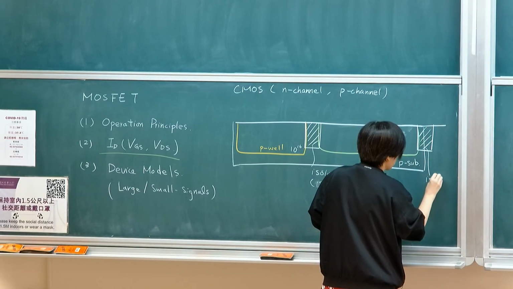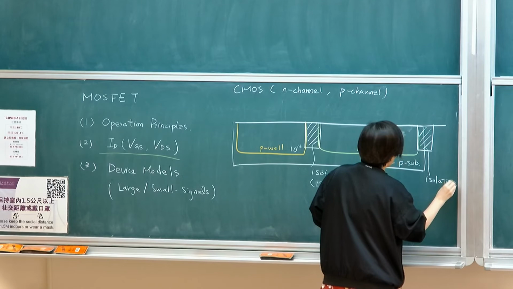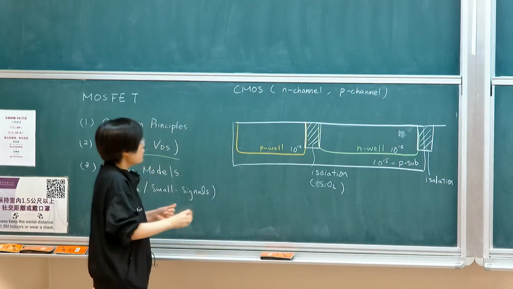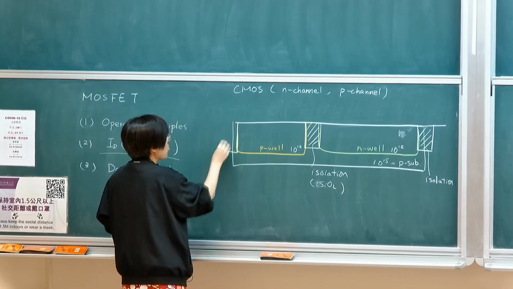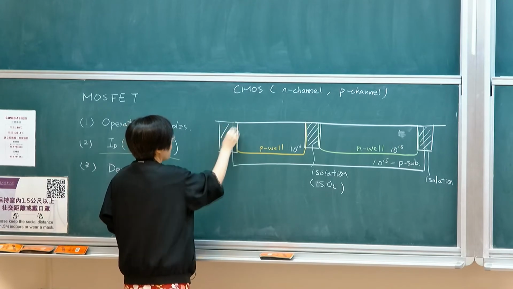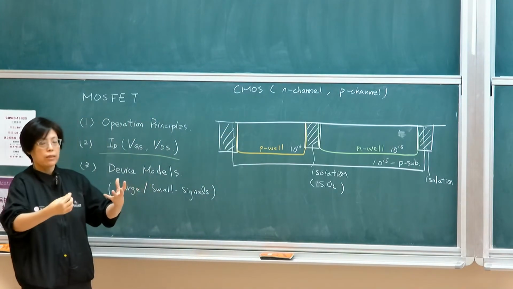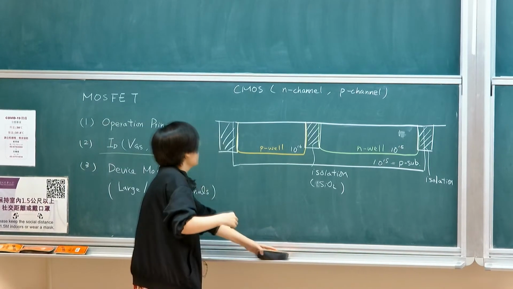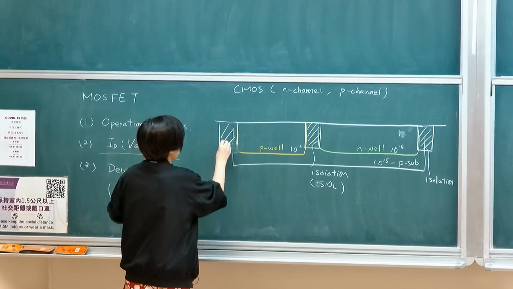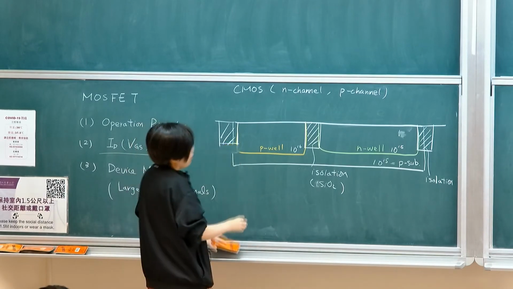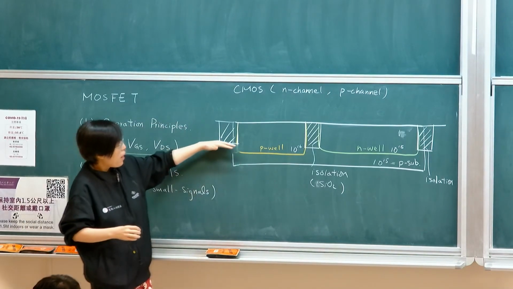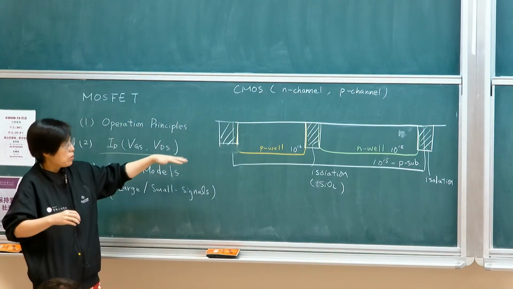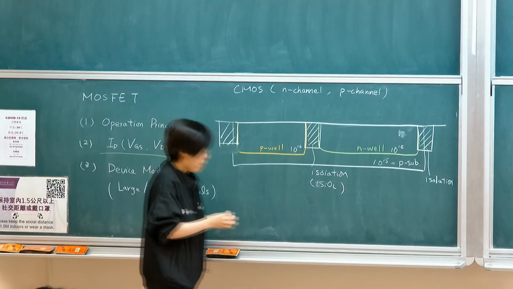So these are isolation structures. These are typically placed to isolate transistors and also isolate different types of implants, especially close to the surface. So these are not very deep, slightly higher than your well level.